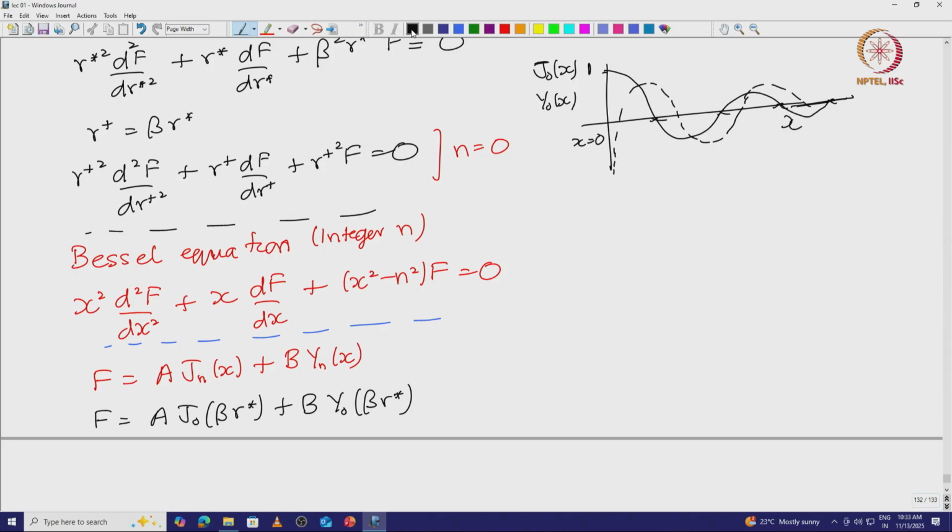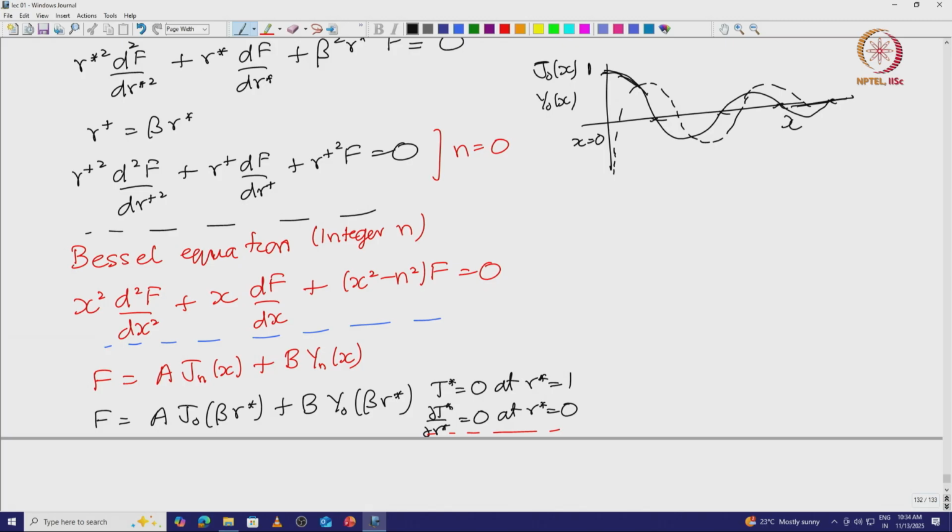These constants are determined from the boundary conditions that T star is equal to 0 at r star equal to 1, and partial T star by partial r star is equal to 0 at r star equal to 0. This second condition is satisfied by J naught of x, which has 0 slope, but Y naught goes to minus infinity and has an infinite slope at the origin.